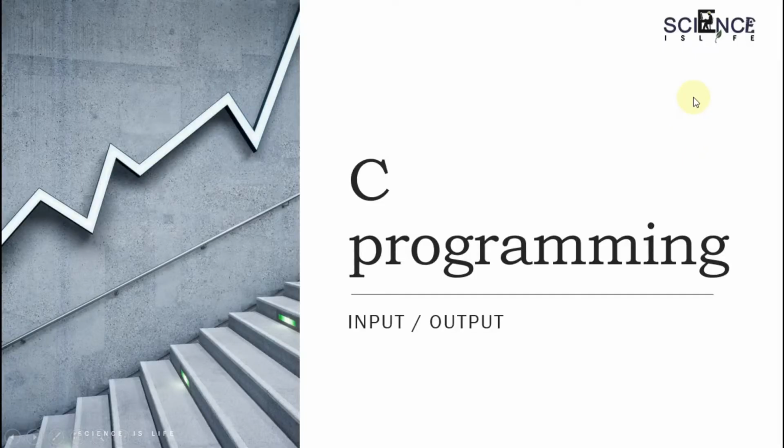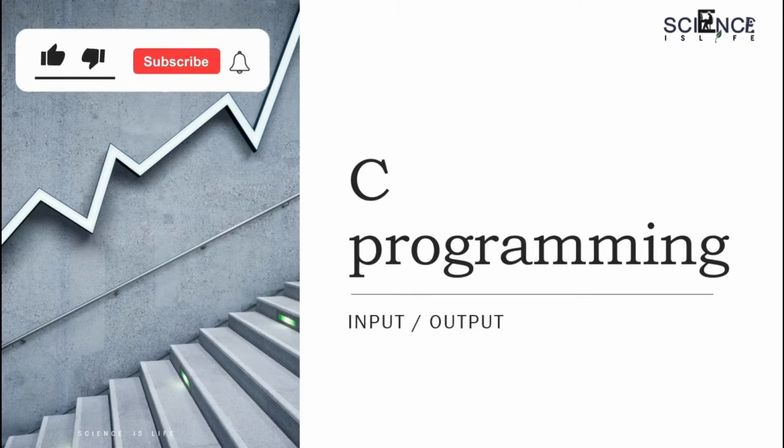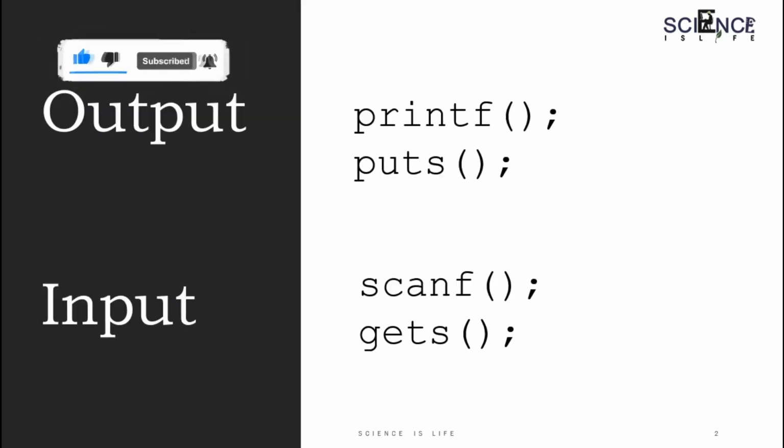There are several predefined functions in C that we can use directly. To give input into the console screen, you can use the scanf and gets functions. And if you need to have an output, then you can use the printf and puts functions. Before we use these functions, you should keep in mind that we need to include the stdio.h file.